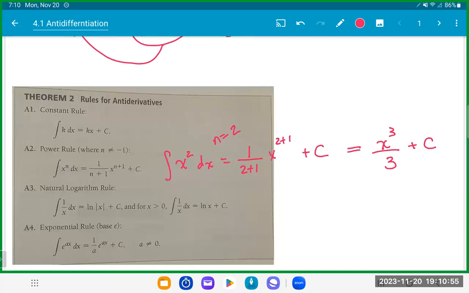Question. So then if we're looking at our exponential rule, e raised to ax, then that's really just 1 over a times e to the ax plus that constant c. And our a cannot equal 0 because it will make our function undefined. Okay, question.